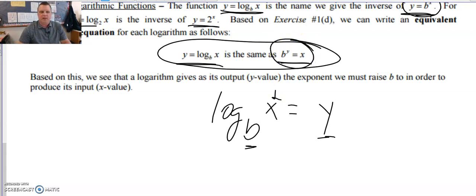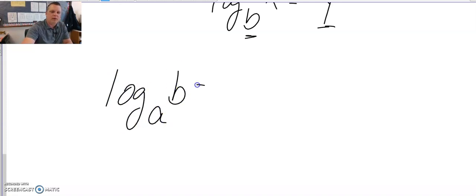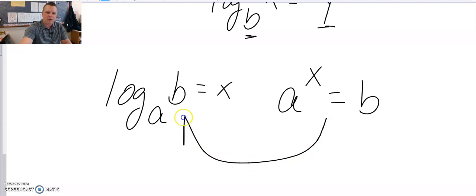This is the key concept when you're talking about logs. So if I have, and I'll just do another one for you, log_a of b equals x, that would be equal to a to the x equals b. And so that's what they are equal. They can go from the exponent to the log, or the log to the exponent.